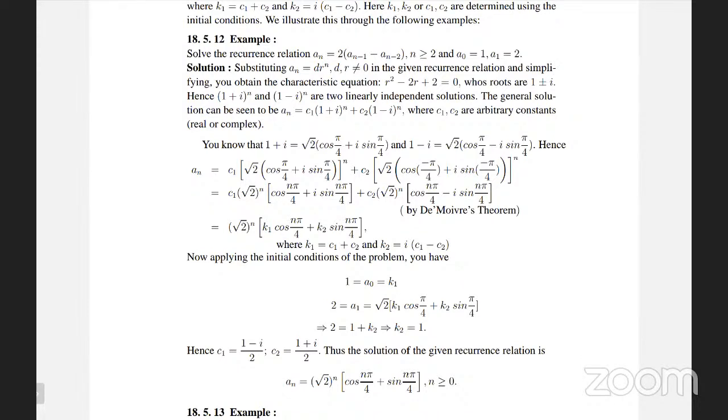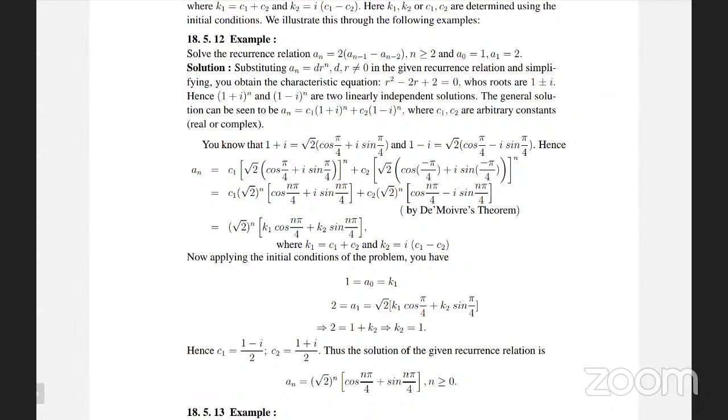Two roots we have: 1 plus i whole power n and 1 minus i whole power n. So the solution is an equals c1 into 1 plus i whole power n plus c2 into 1 minus i whole power n, where c1 and c2 are arbitrary constants. If conditions are given, we find c1 and c2. Otherwise an equals c1 (1 plus i) to the power of n plus c2 (1 minus i) to the power of n is also the answer for us.